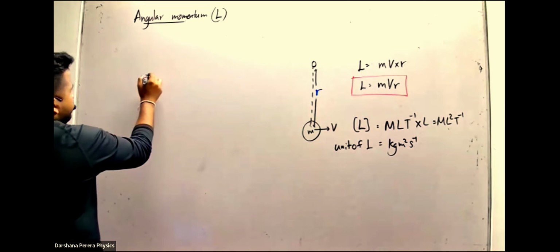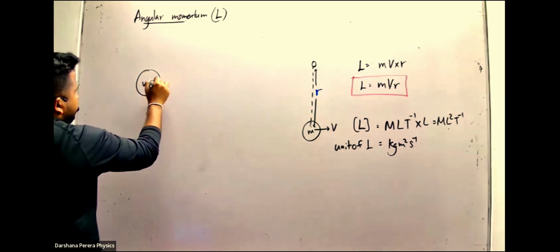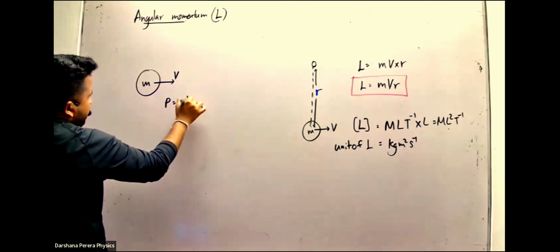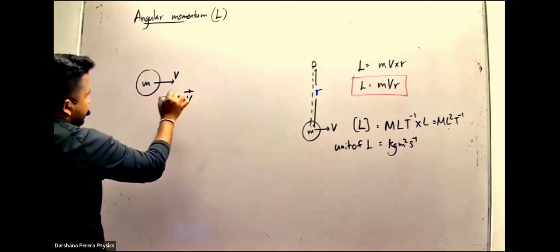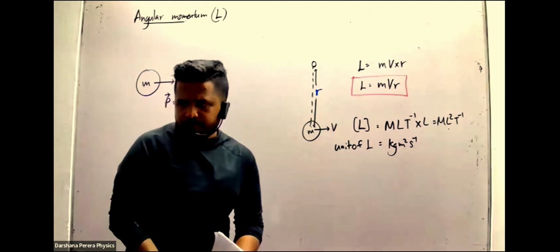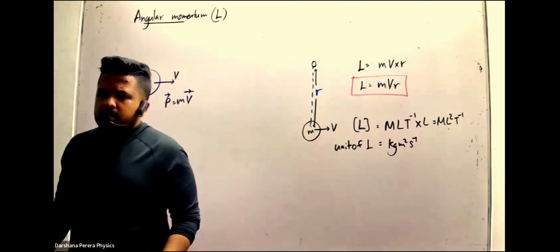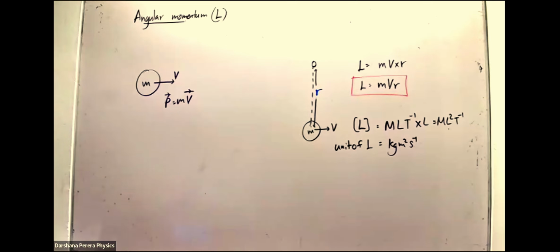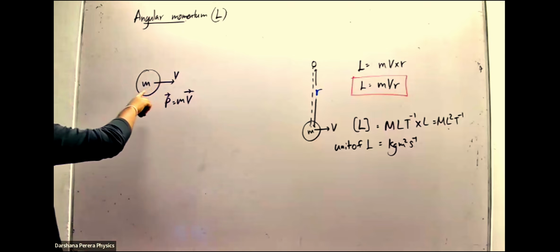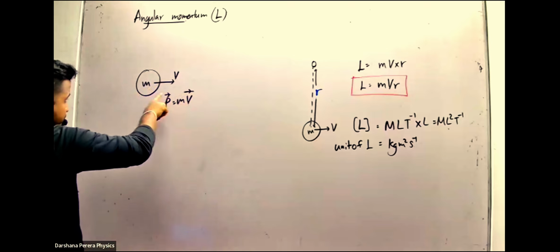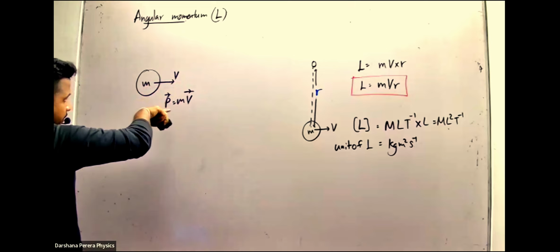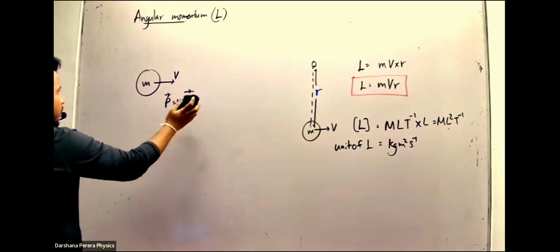If the object has linear momentum, P equals mv, the direction of the linear momentum is the direction of the velocity. Likewise, if we take the direction of the velocity as this direction, the direction of P is this direction.